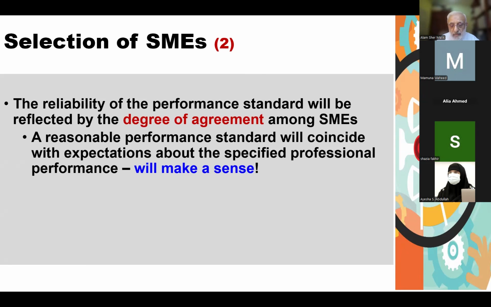So this is one way of looking at it: once the SMEs have discussed among themselves and come to a conclusion, it should appear as a sensible decision, agreeable and acceptable. Another way of looking at it is that the decision made by SMEs is not very odd or totally out of place.